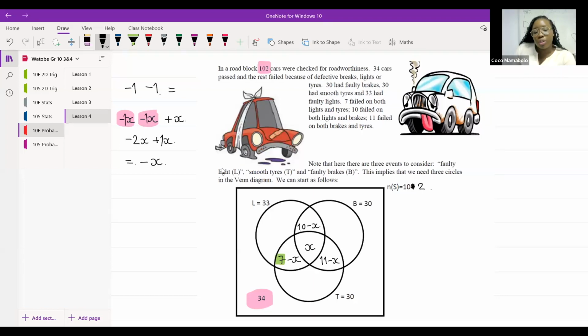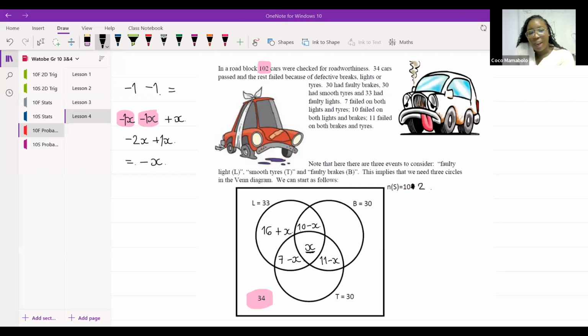Okay, but we also have to account for the fact that this 16 will also include the people that are in this particular bracket, to make sure that we do not count this dude twice. We're going to take 16 plus X. Okay, if we don't do that, we're going to end up counting that middle part twice.